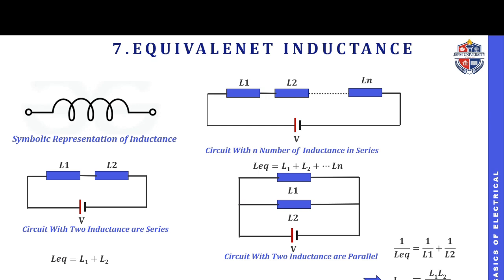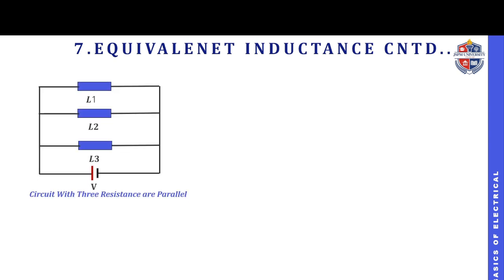The same way as for resistance, if three inductances are connected in parallel, we can write L equivalent is nothing but L1 L2 L3 divided by L1 L2 plus L2 L3 plus L3 L1.